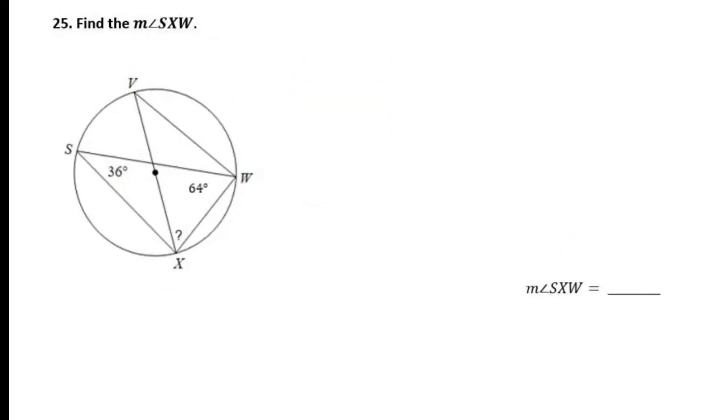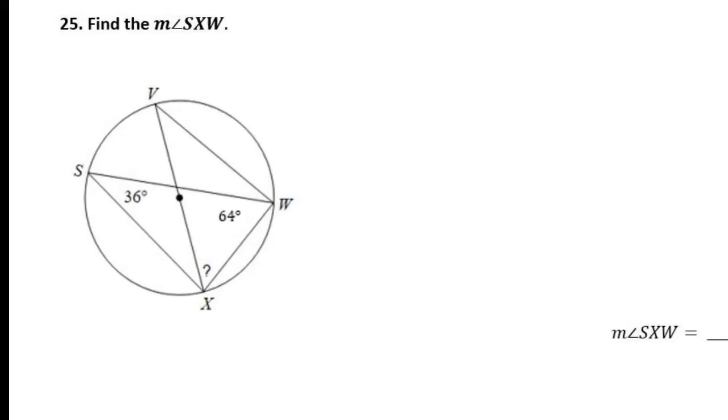25, we need to find the measurement of angle SXW. SXW. So we're looking for this angle right here. There's a couple different ways you can go about this, but I'm going to use the method that has us using arcs and angles, inscribed angles.